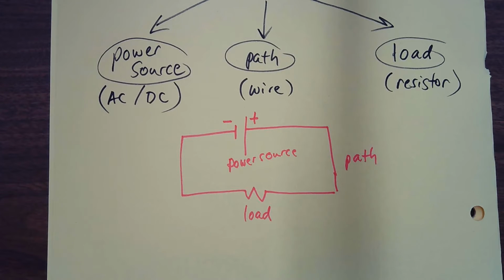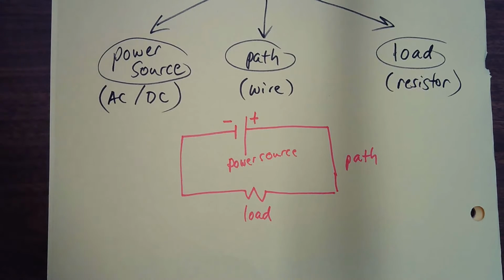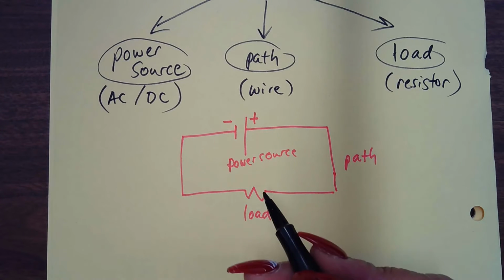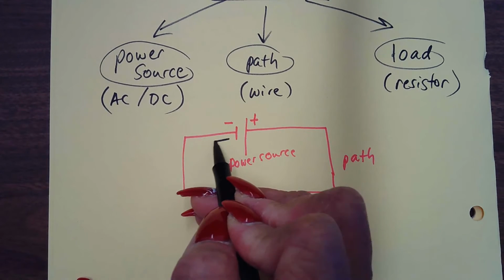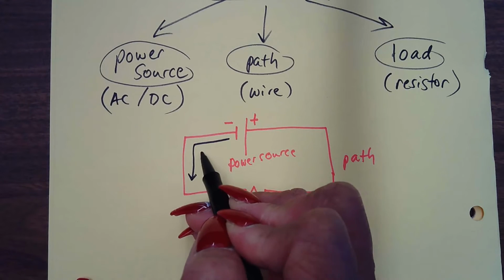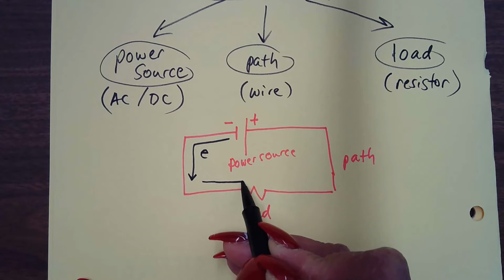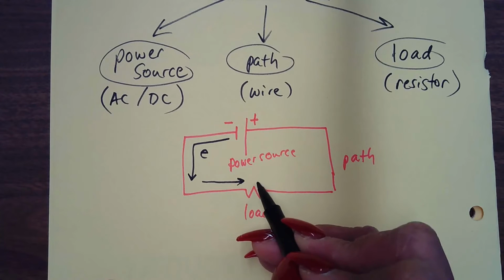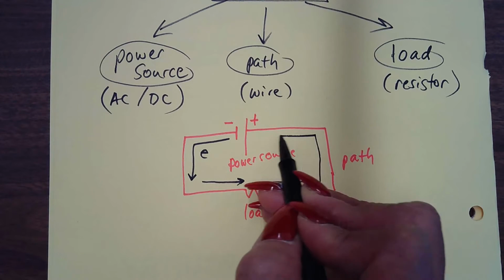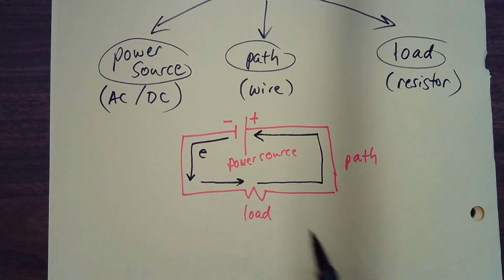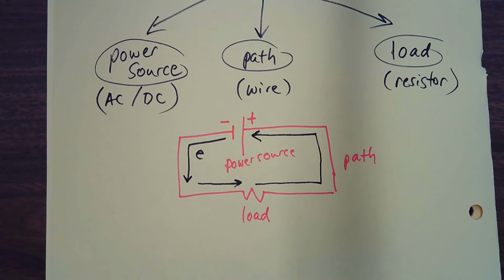A couple of things that we need to know about the flow of electricity here. The electrons come out of the negative terminal, feed the resistor, but they have to go back to the power source in order for the load to actually work.